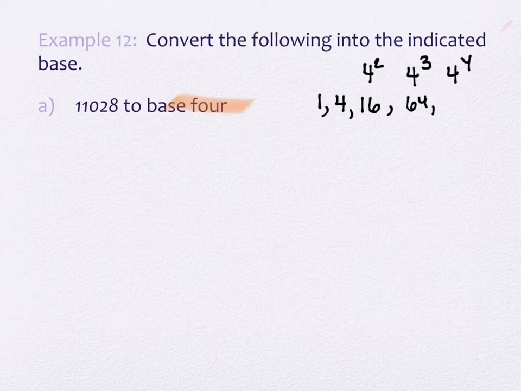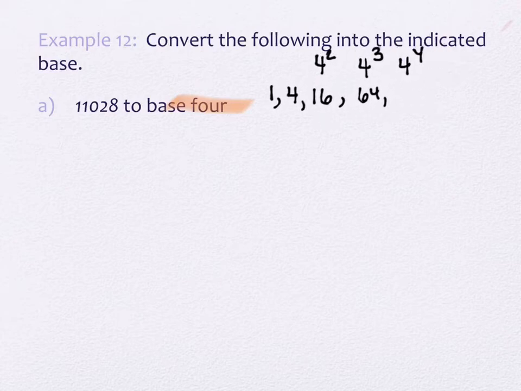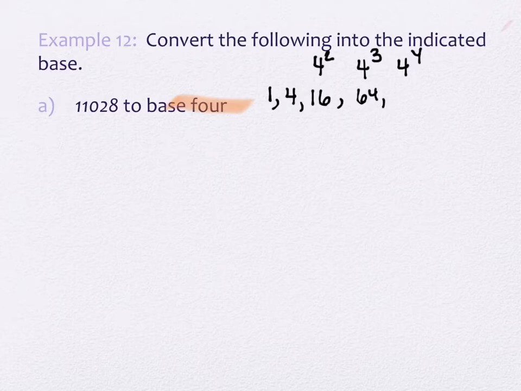And we have to keep writing them out until we get something pretty close to 11,000, because that's the number I'm working with at the beginning. So after 64, what do we have? If I have a calculator, you're going to need it for the next two problems anyway. 256 is right. I won't keep writing out the powers above it, but the next one's going to be 4 to the 5th. What's 4 to the 5th? 1,024.